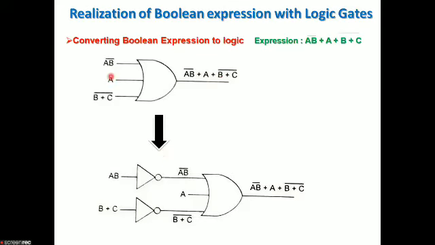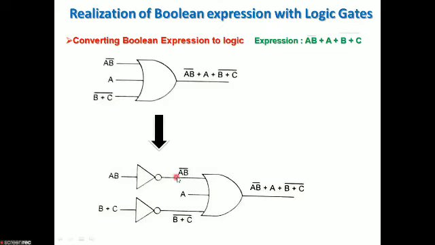Now what you see here is that A dot B bar must be the output of an inverter whose input is AB. Again, B plus C bar must be the output of an inverter whose input is B plus C. So we will be introducing two inverters.